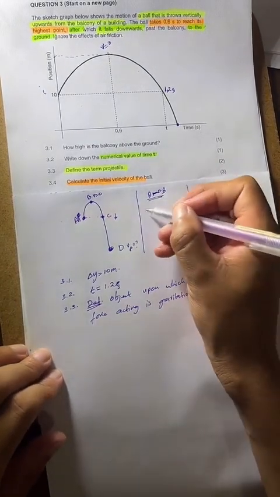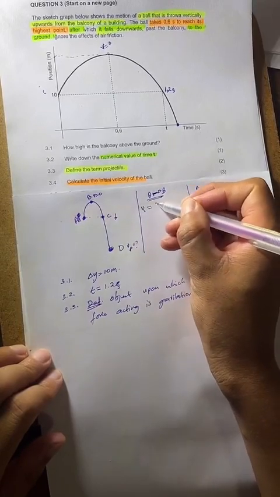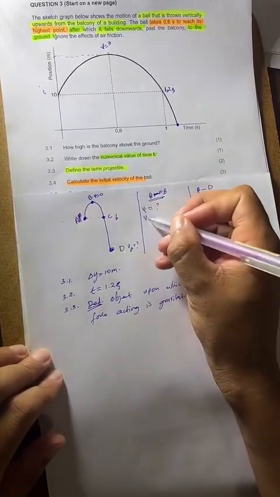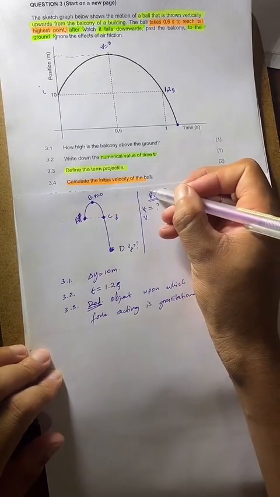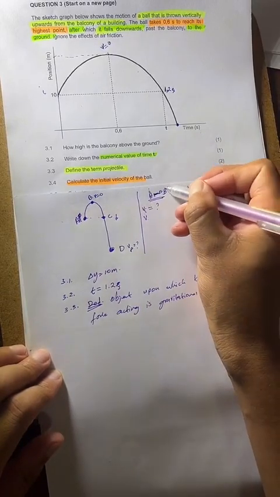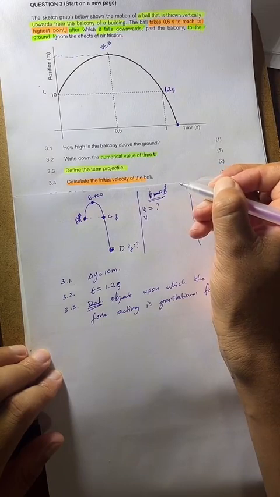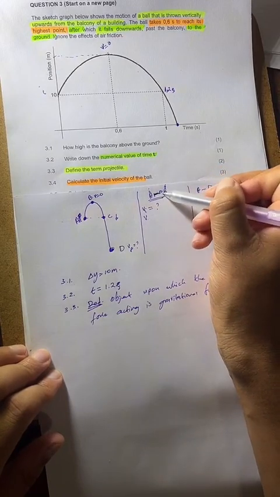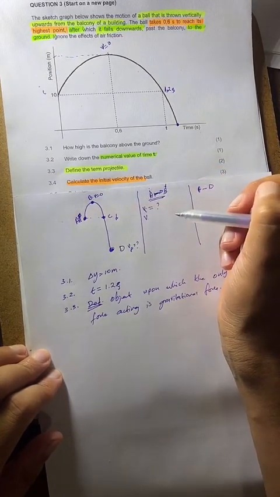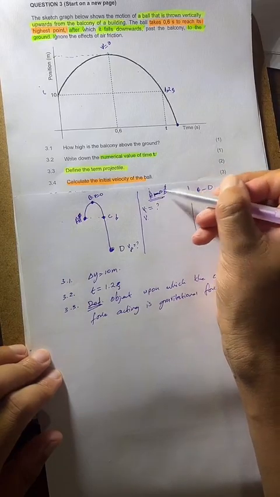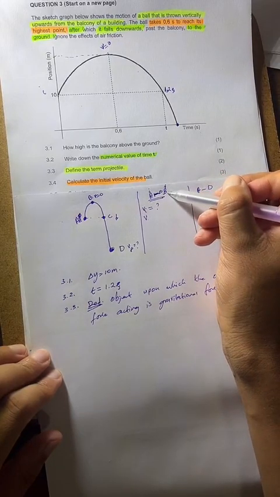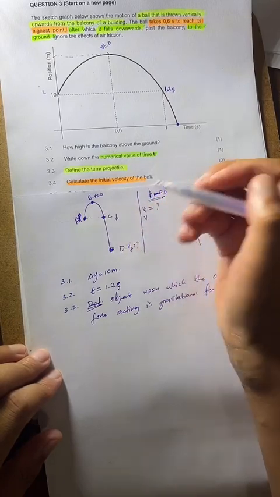Between A and B, initial velocity, we don't know it. Initial velocity will be the velocity at point A, and final velocity will be the velocity at point B. This is the motion of an object.